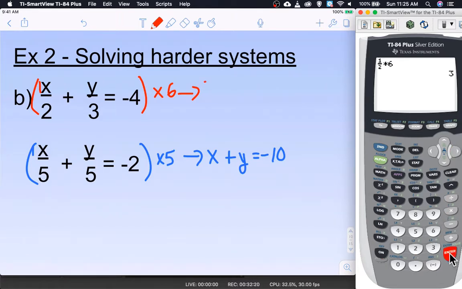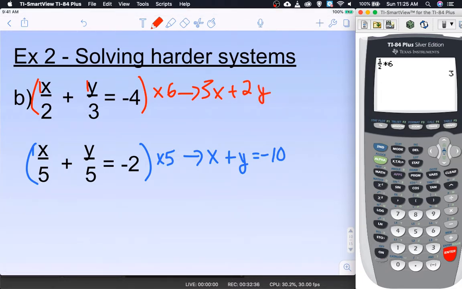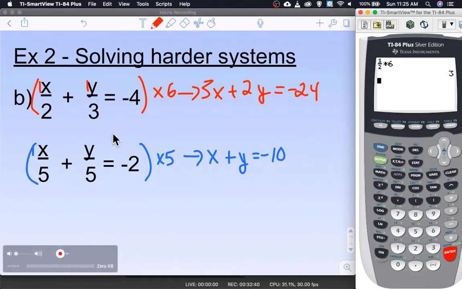I'm going to get a 3x. 1 over 2 times 6 is 3. 1/3 times 6 is going to be 2. 2y equals -24. I have now got rid of all my fractions. I have these two equations with no more fractions in them.